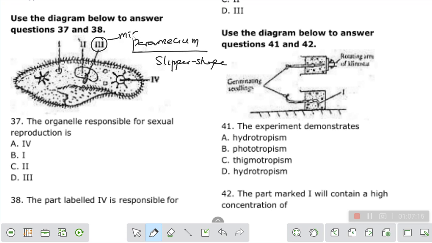That's what you need to know, what each one of them is working on. So the answer is between these 2 and 3, because that's where the micronucleus and the meganucleus are. Which one is involved in sexual reproduction? So just try to think.